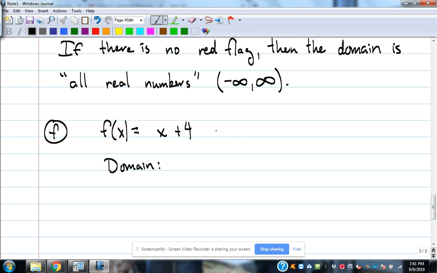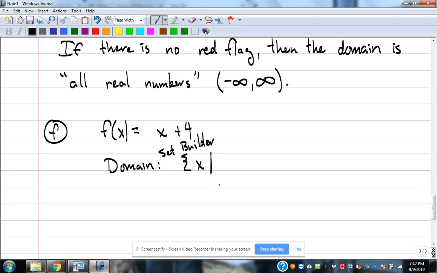And I'm going to show you how I want domain written. One way is with what's called set builder notation. Set builder is what this is called. And the way it works is you make a little curly brace, and then you do x, and then a straight up and down bar. Looks kind of like an absolute value, but it's only one side of it.